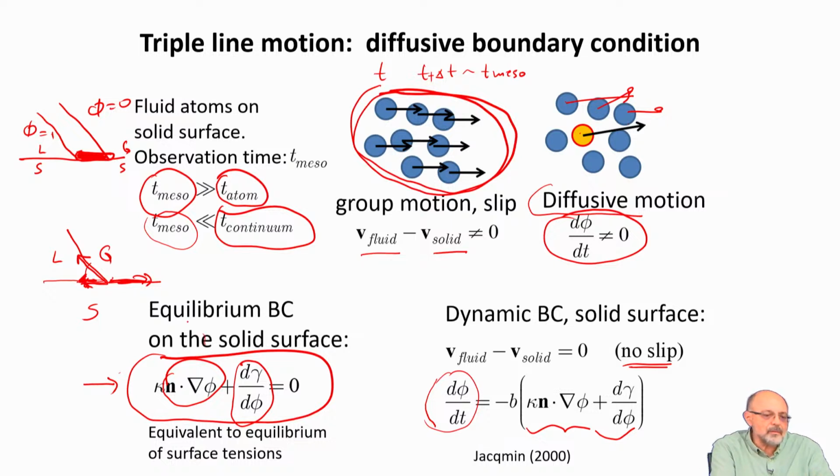Why? Well, that's clear. If there is no slipping here, how can this line move? Well, how can this point move if you don't allow slip? But in a diffuse interface model, you have diffusive motion, which is different from slip. You still have no slip, but a diffusive motion of the triple line.